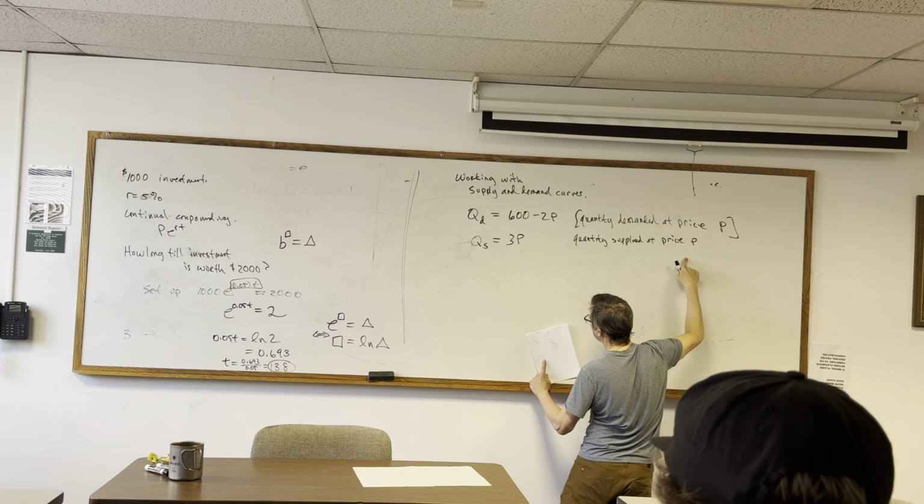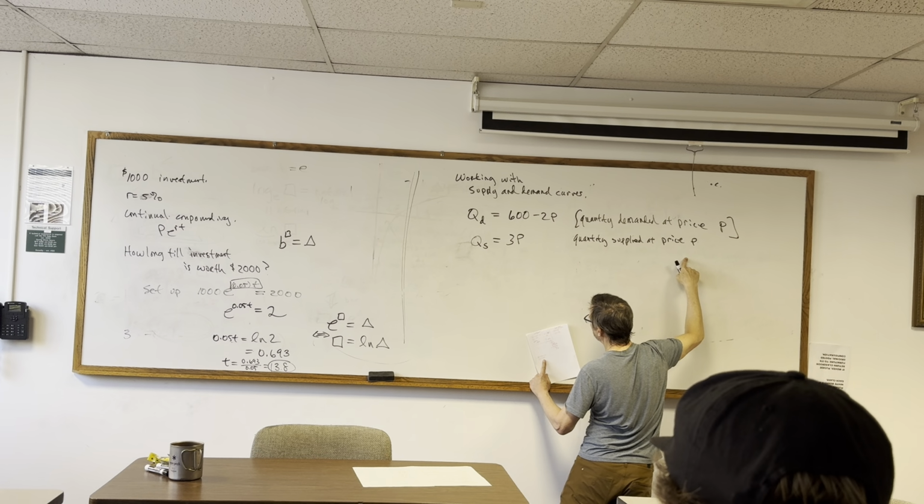So here it's just saying that the quantity supplied is roughly 3 times the price that we've set for the item. And this is a little harder to look at, but the first thing you should do is plot these together. Plot these two things together.